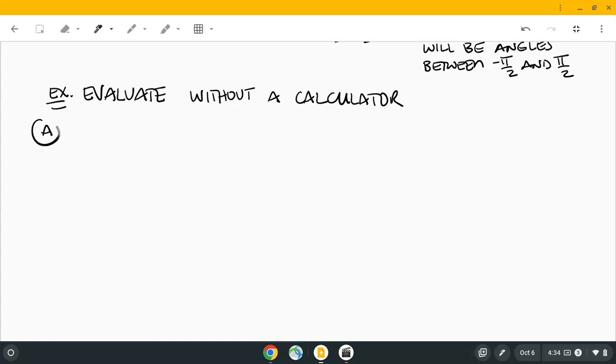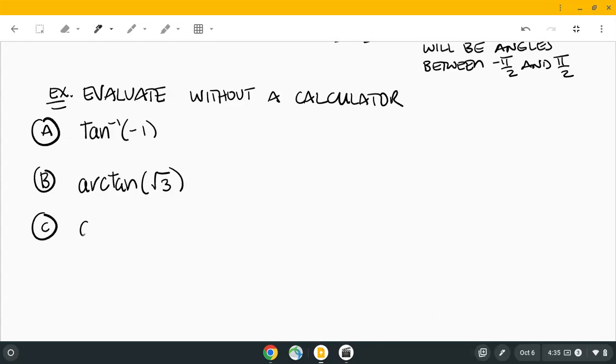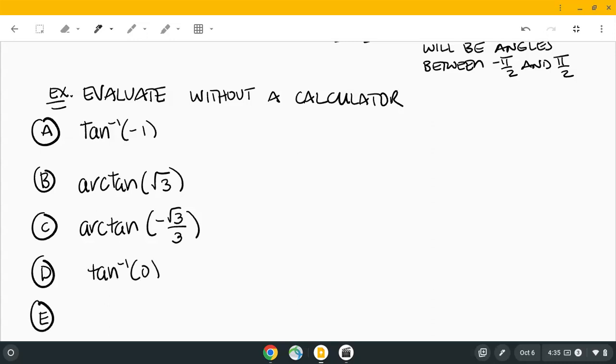Okay, so we're going to take a look at tangent inverse of -1, arctan square root 3. Again, tangent inverse, arctan, they mean the same thing. Arctan negative square root 3 over 3, tangent inverse 0, and we'll just do one more, arctan 1.